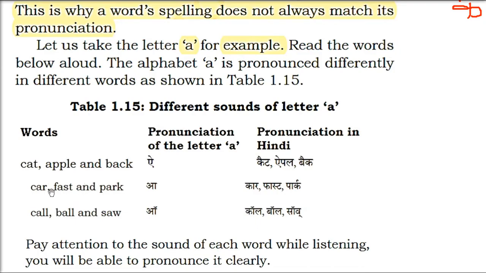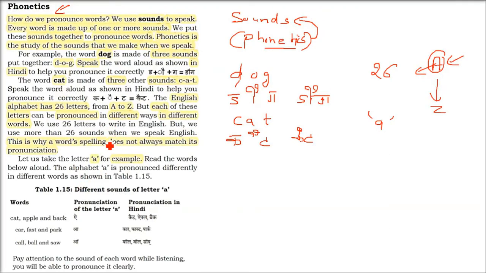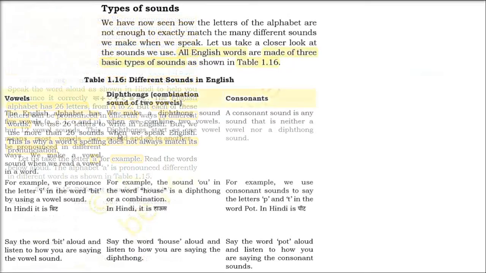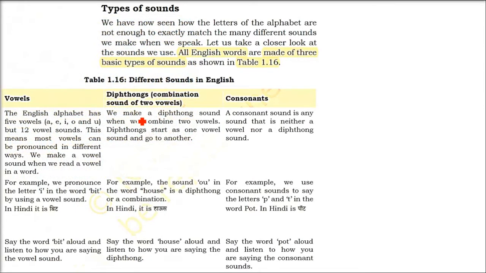Fast. For park, you are using A. Park. Now this A again changes. Now use call. Now A changes to O. Call. Ball. A changes to O. Saw. O. This is how sound changes, the letter sound changes depending upon the context.